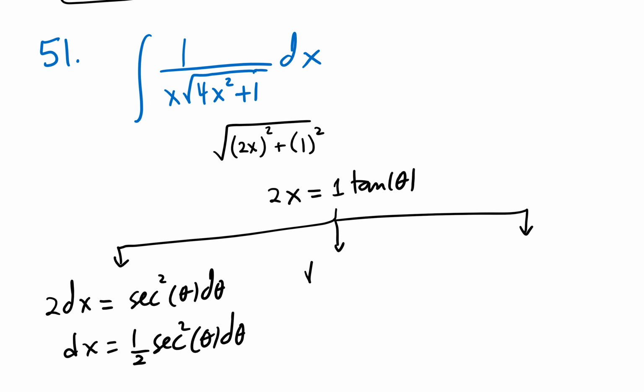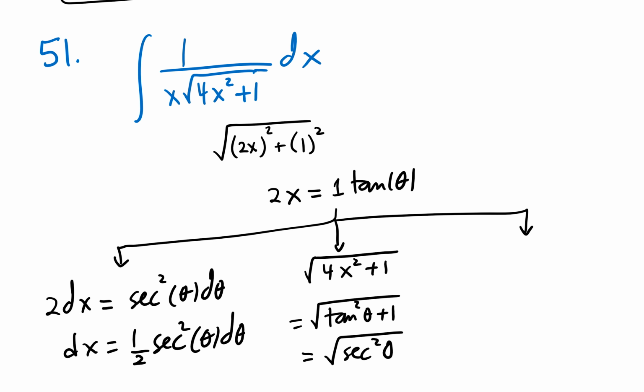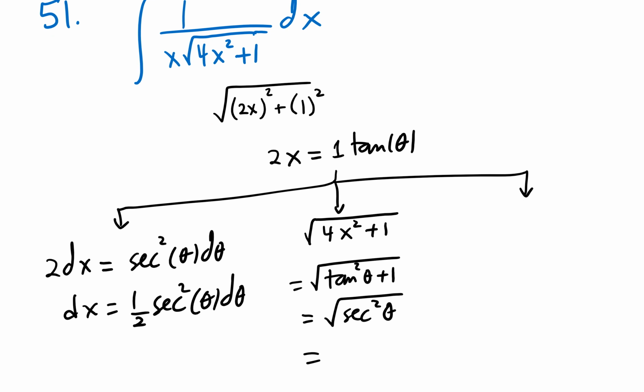Also, we need to find the quantity under the square root, tangent squared theta plus 1, which is secant squared. And this comes outside as secant. And the last one is to solve for tan theta, which is 2x over 1. And that helps us to construct the right triangle.